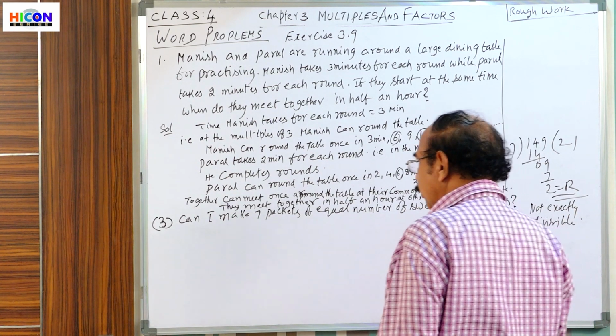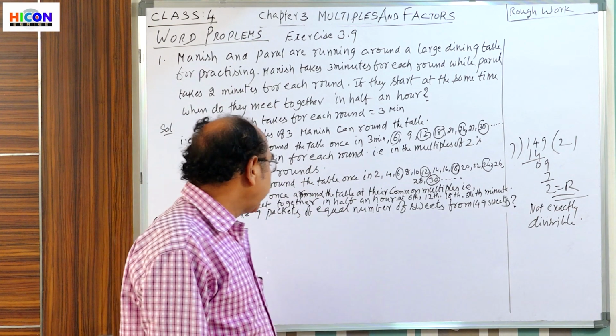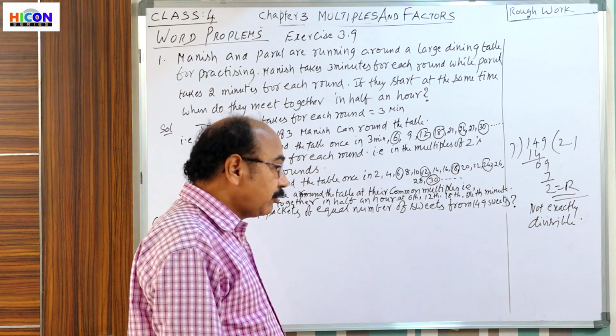So, how can you make 7 packets of equal number of sweets from 149? Equally, you can't get.